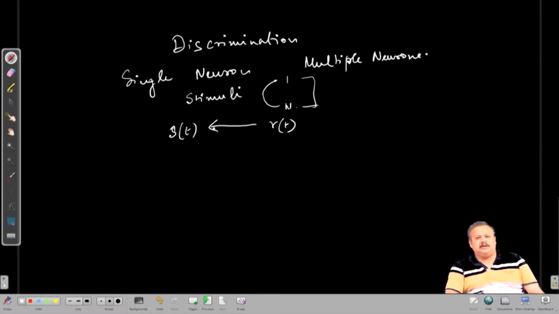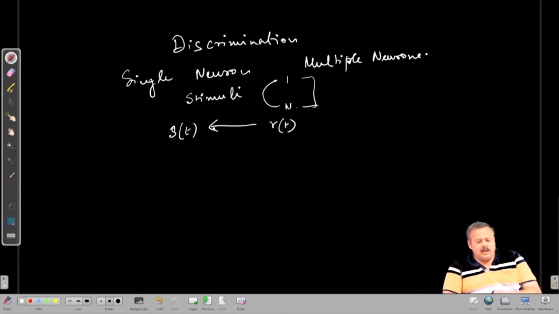Even if they are parametric, they are very different from each other. However, we may have situations where we may need to deal with very fine changes in the stimulus, and these are applicable to the case of parametric stimuli, mainly whatever we are going to discuss in this part of the course.